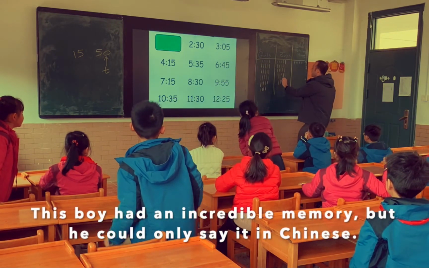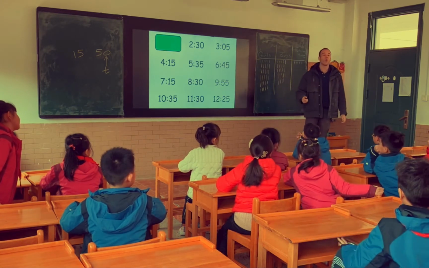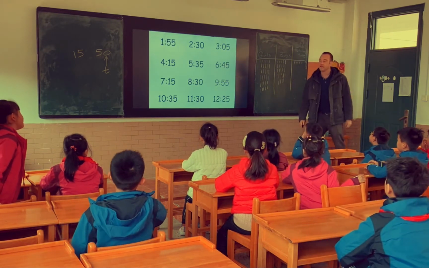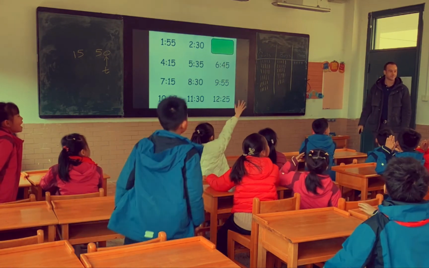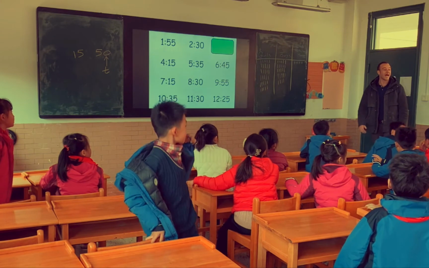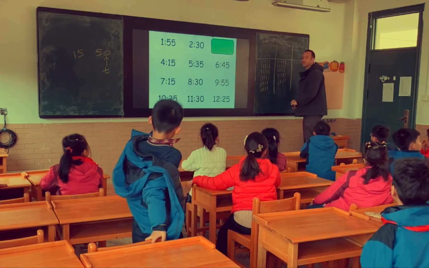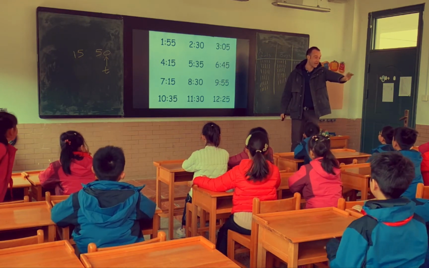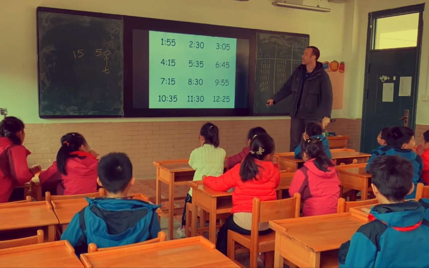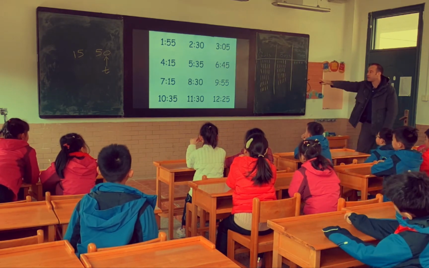All right. I'll give the boys too. Everyone, 155. Ready? 5, 4, 3, 2, 1. Don't speak Chinese, okay? Don't speak Chinese. 3, go, 5. Next one. Look.